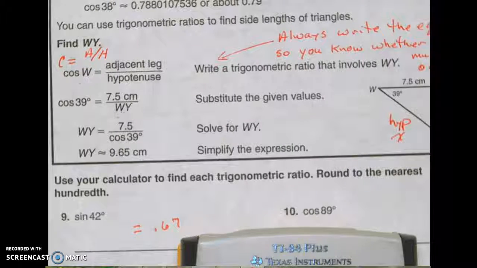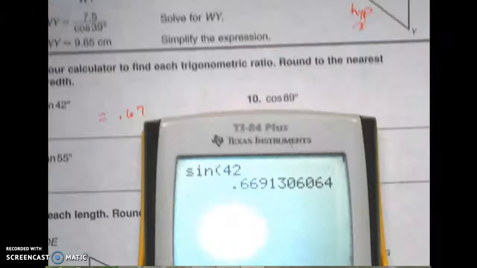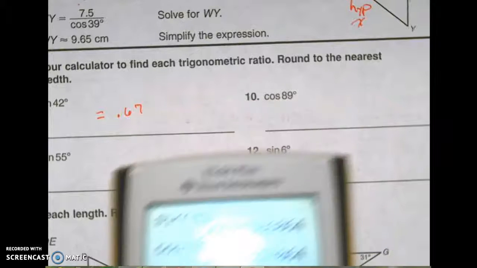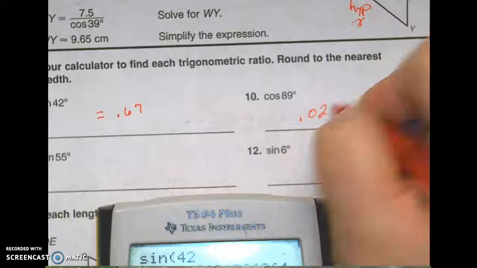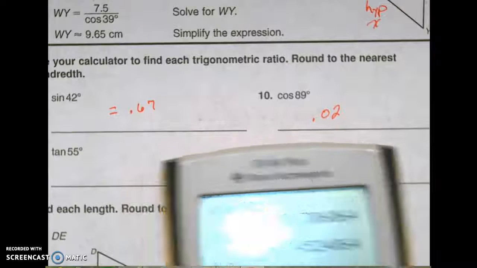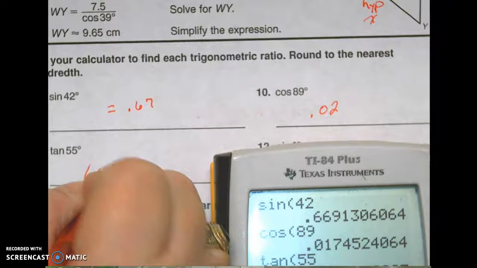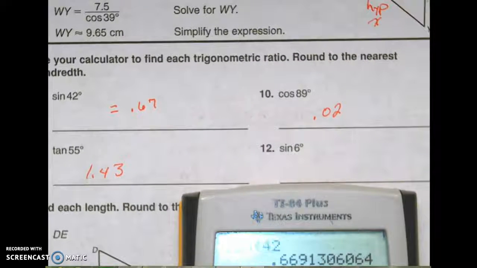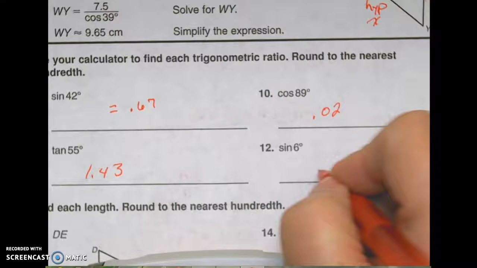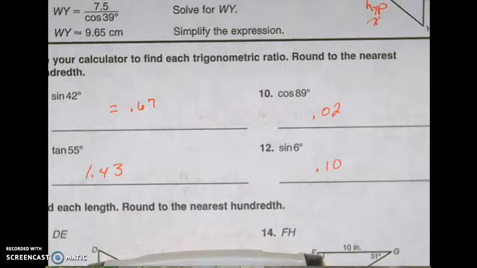If I want the cosine of 89 degrees, I just hit my cosine, 89, 0.017, which is close to 0.02. Tangent of 55 degrees, just punching my tangent button, and I get 1.43 as my estimate. Remember, tangent's the only one that can give us an answer bigger than a whole number 1. The sine of 6 degrees gives me pretty much a 0.10. So that's just a number crunching exercise.